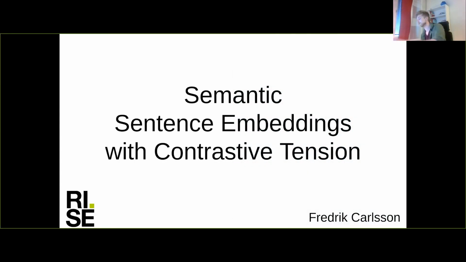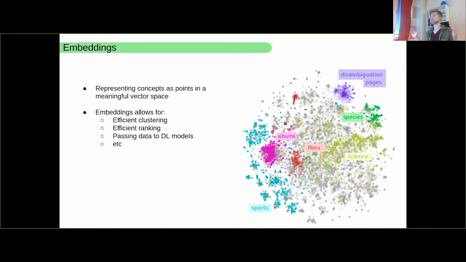All right, and as Olof said, my name is Fredrik Carlsson, and today we will be talking about sentence embeddings. When we speak about embeddings, what I'm referring to is representing a concept as a point in some type of meaningful vector space.